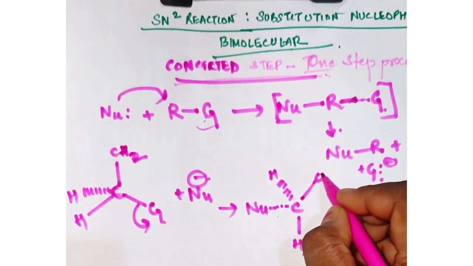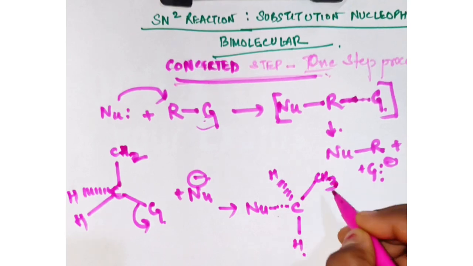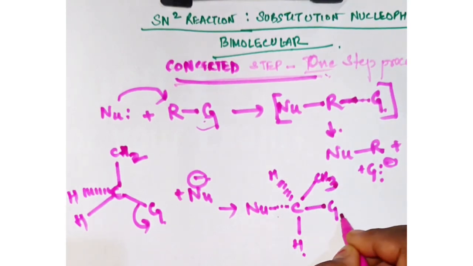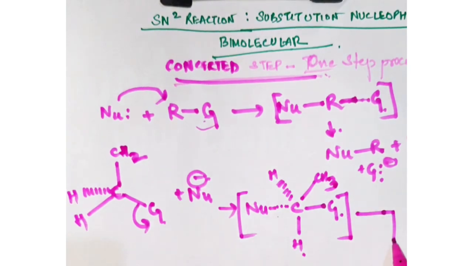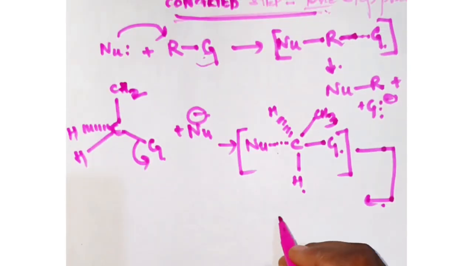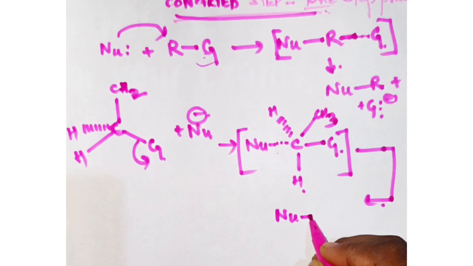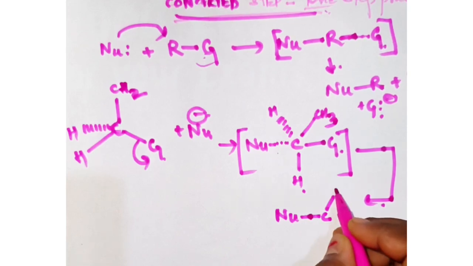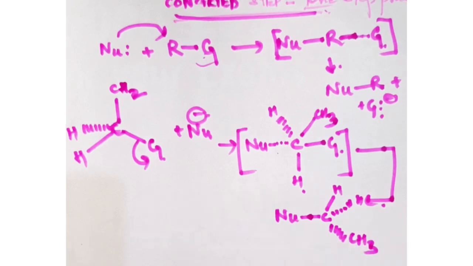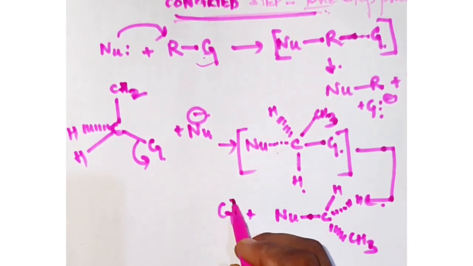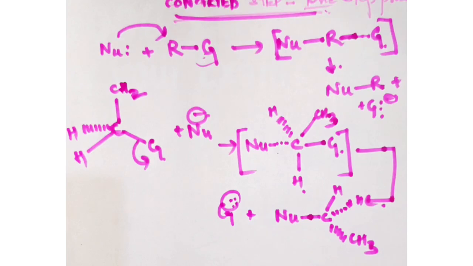Now the nucleophile will attack in the opposite direction. Suppose this is CH3, and the leaving group, and the nucleophile.